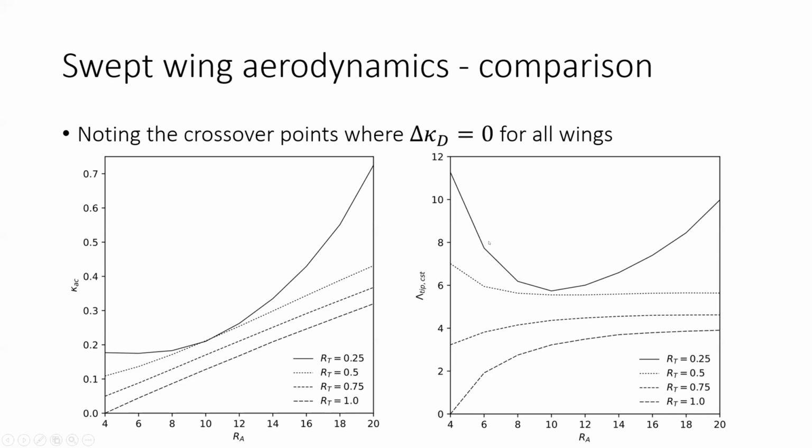We're looking at the solid line of aspect ratio 10 on the horizontal axis, and we want to sweep that in our airplane design roughly 6 degrees. 6 degrees is the point where a linearly swept wing will start generating less drag than a wing with constant sweep. If we want less degrees of sweep, then we should stick with a constant sweep profile. If we want more sweep, then we should stick with a linearly swept profile.